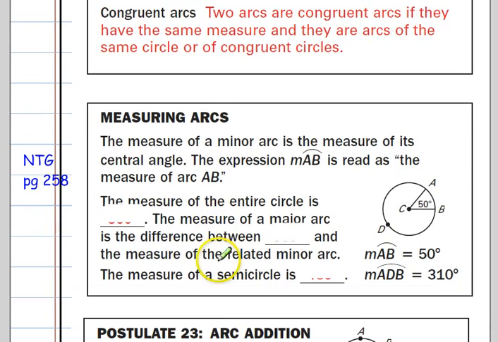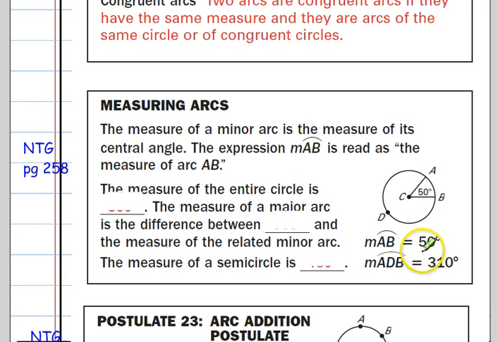So let's take a look at this theorem right here. So here we have the measure of arc AB. So here is arc AB, and the measure of arc AB is 50 degrees because a 50-degree angle produced that. Whereas the measure of arc ADB, which is the major arc, starts at A, goes through D, and ends up at B, is 310 degrees.